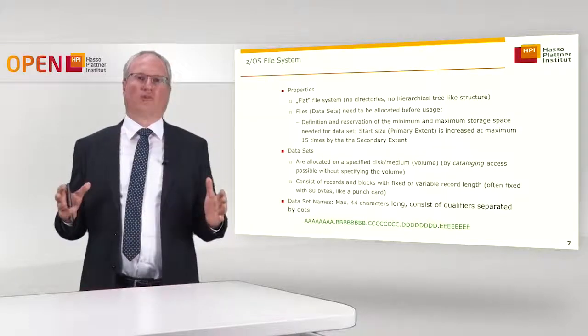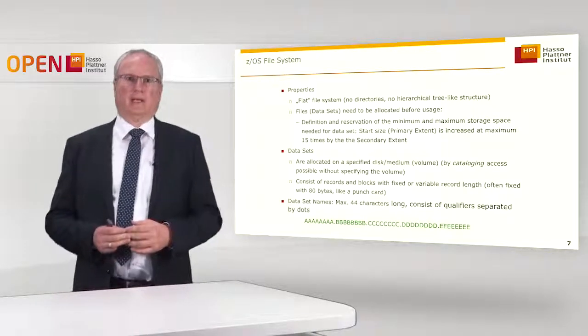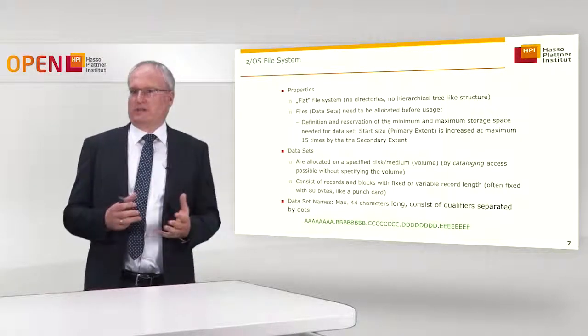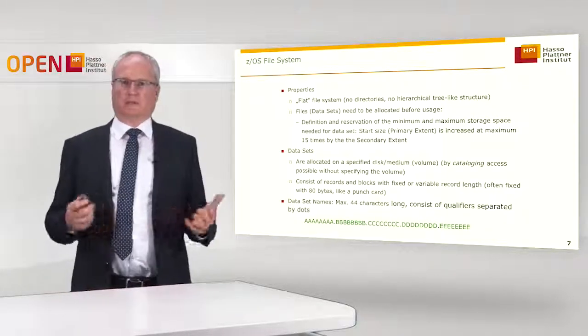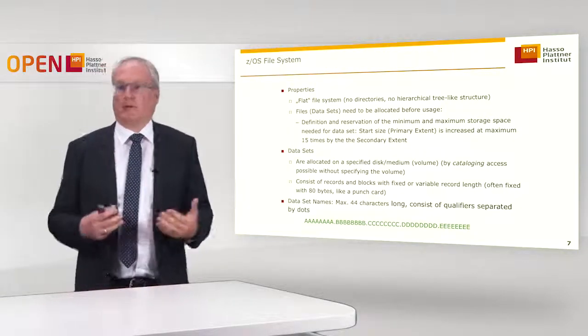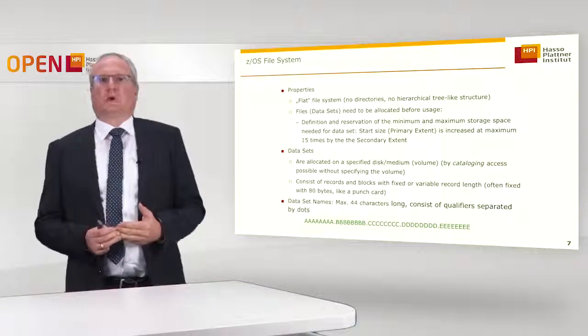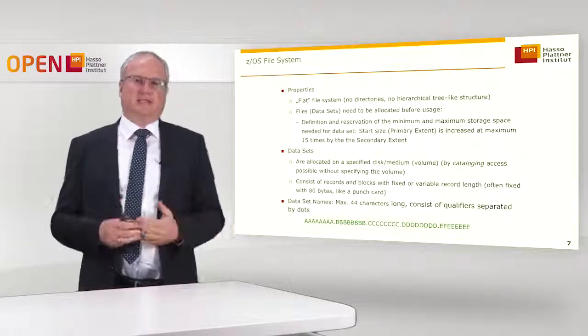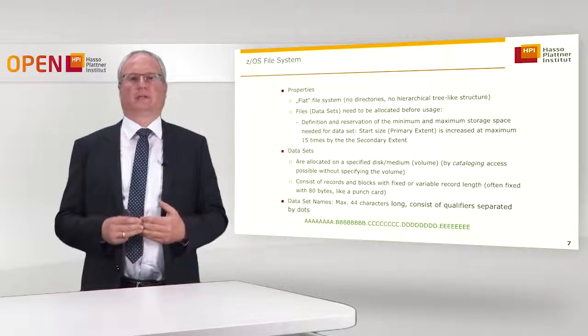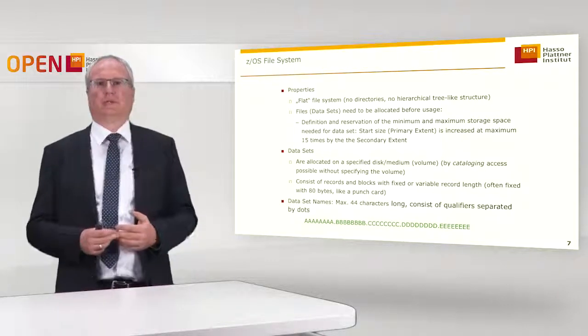So files cannot grow beyond this boundary. This is very typical for the mainframe, but very different from what we are used to in other operating systems that are more common at home, for example. So these datasets are allocated first, and afterwards they may be used.